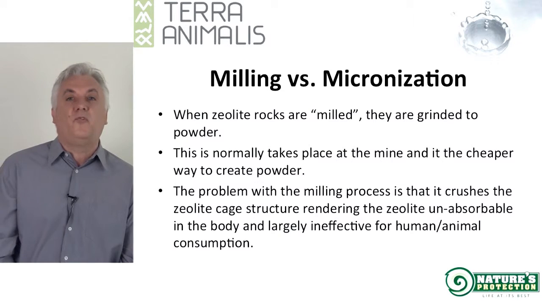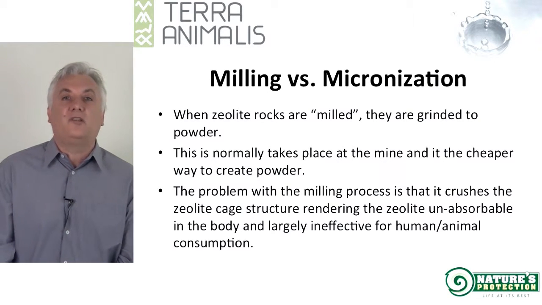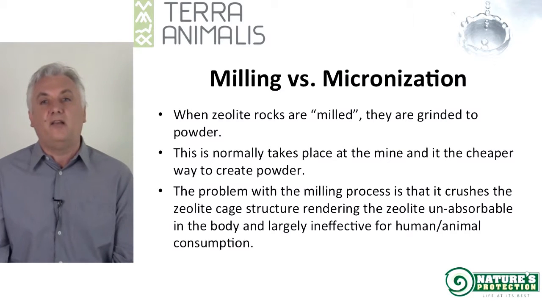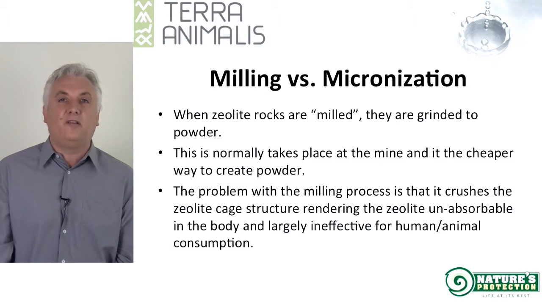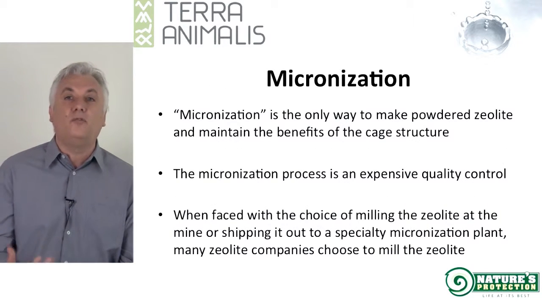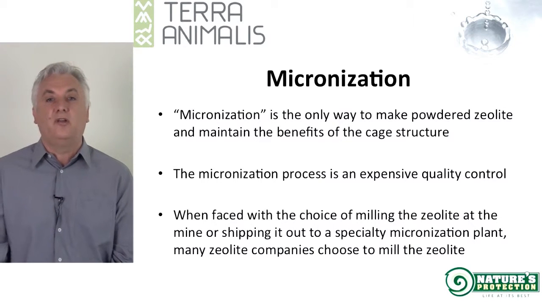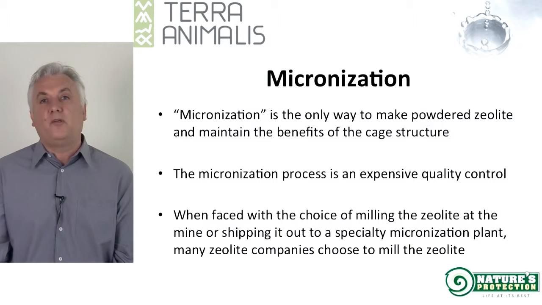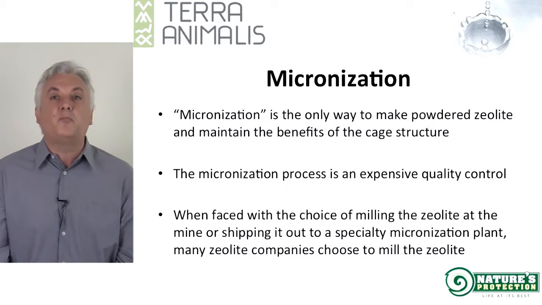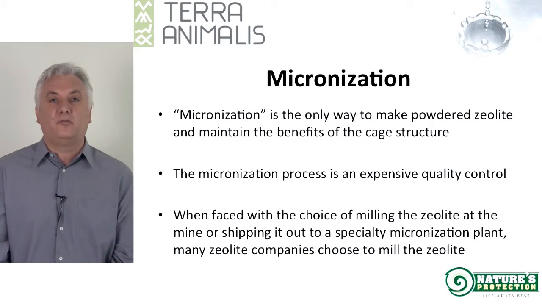That's why we have special equipment which allows us to do the micronization on a large scale, but also to keep intact the cage structure and even to increase the ion exchange capacity of the micronized zeolite, MicroZeoGen. So micronization is the only way to make powder zeolites and maintain the benefits of the cage structure. It is expensive, and when we face the choice of milling and micronization, we choose micronization because it gives more benefits. And this is also part of the patent pending technology for these products.